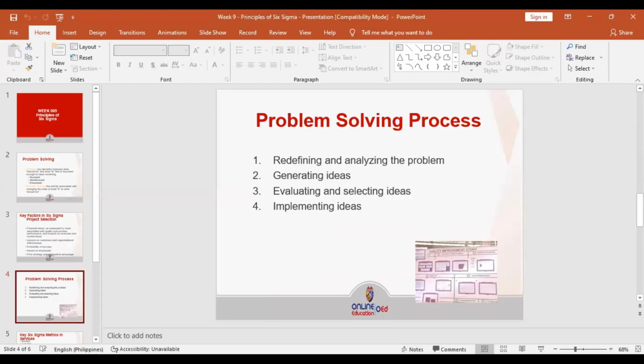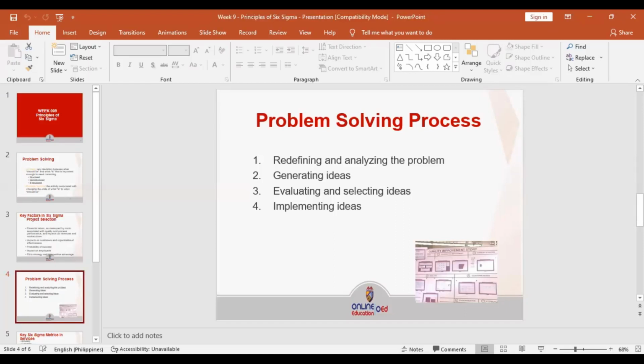And after that, we have to generate ideas, okay? Idea generation is about how these ideas can help solve the problem. We can generate a lot of ideas, but we have to select and evaluate those ideas, because not all ideas can be good. Not all ideas can solve the problem.